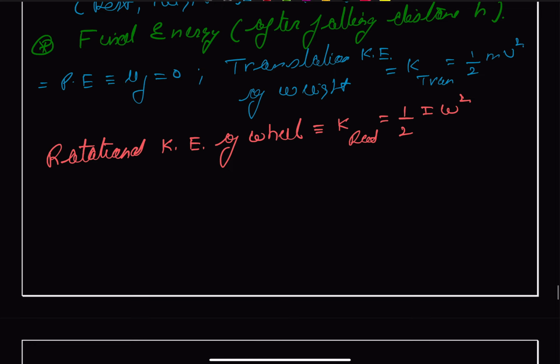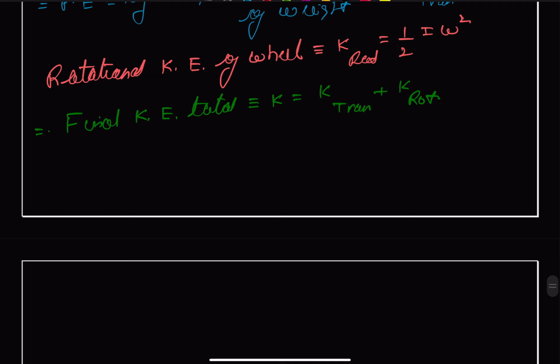So the total final kinetic energy, which I call K, is equal to K translational plus K rotational. We get K equal to half mv square plus half I omega square.